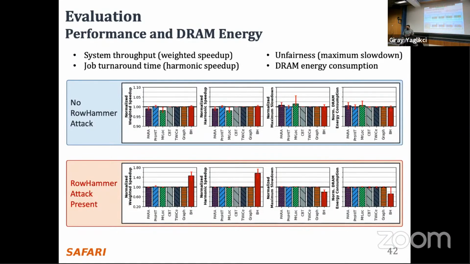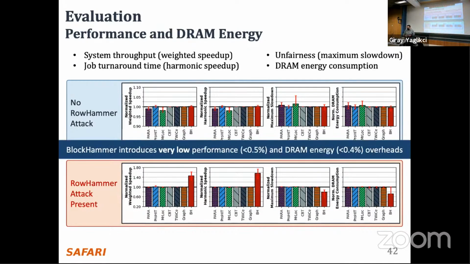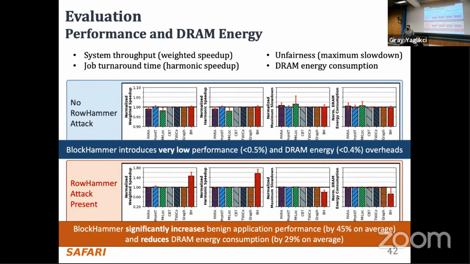Here we conclude that when there is no attack in the system, BlockHammer introduces very low performance and DRAM energy overheads. These are the numbers that I just pulled from the paper, and you can see more detailed results over there.